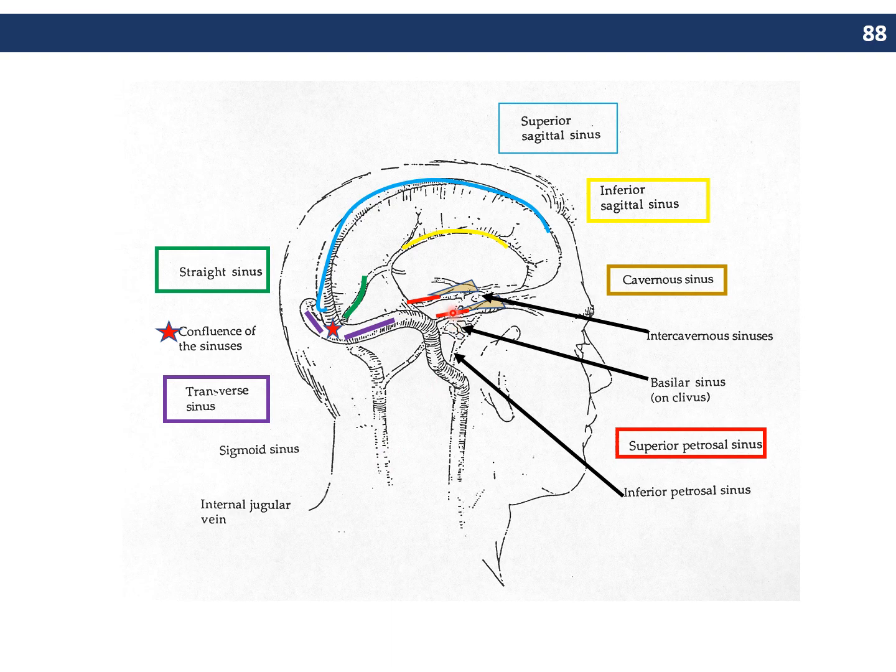The superior petrosal sinus is colored red, and here's the inferior petrosal sinus.